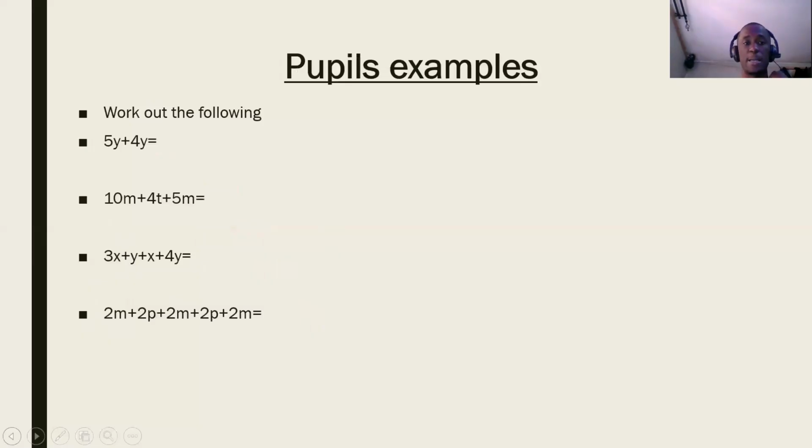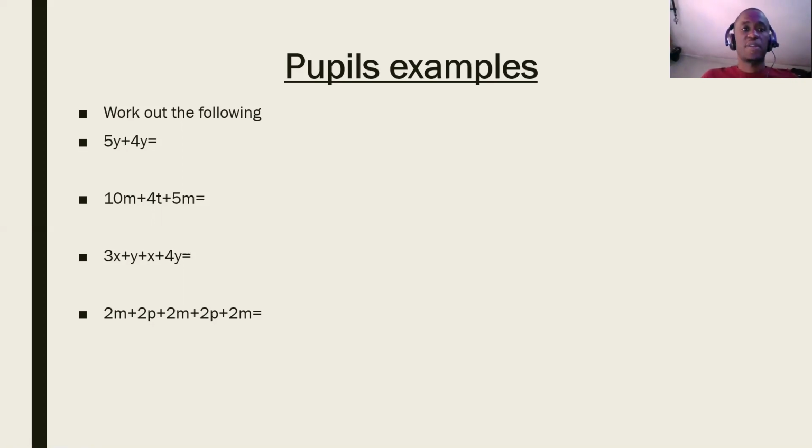And then after that, there is still more work for you to try here. I want you to try these questions in your book. Work out the following. 5y plus 4y, what is the answer? That is the first example I want you to do for me.